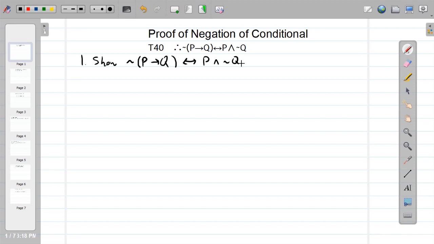It says if I have this negated conditional, not if P then Q, then I can get P and not Q. So that was one half of the rule. And the other half of that biconditional just says you can go in the opposite direction as well, right? So if this theorem is true, then that rule is a good rule. Do we accept that? Okay. Nobody's protesting, so I take it you accept.